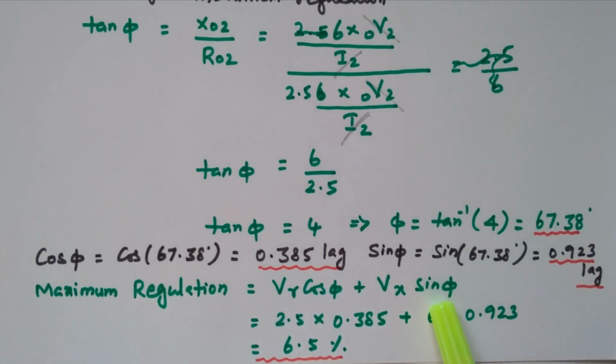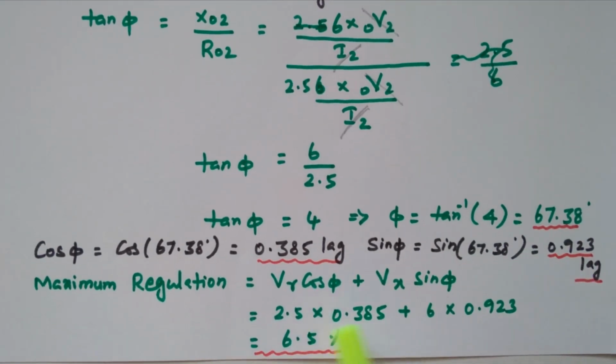For that we need the sin phi value. Sin phi equal to sin 67.38, that is nothing but 0.923 lagging. So this is the cos phi value, this is the sin phi value, and by using these two we can find the maximum regulation. The maximum regulation equal to VR cos phi plus Vx sin phi.